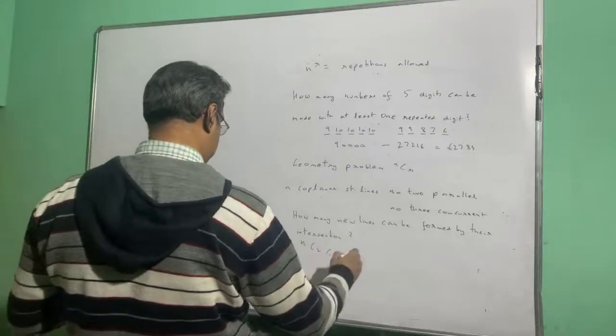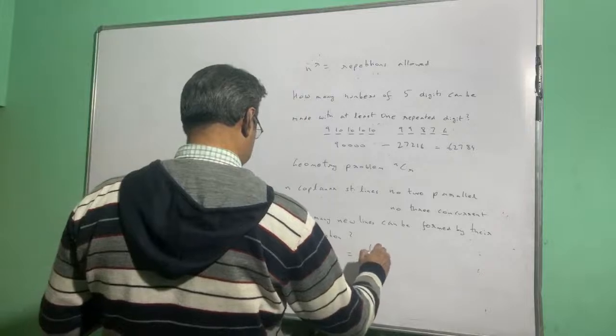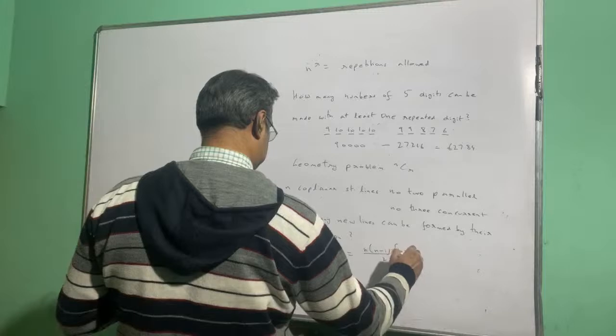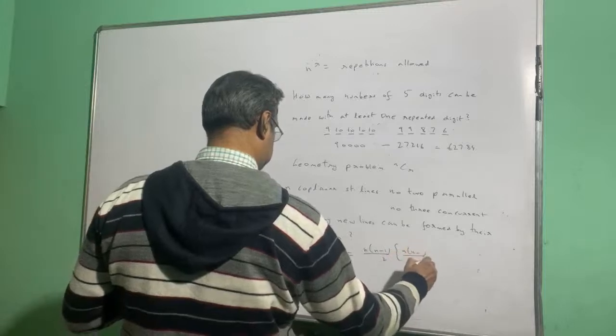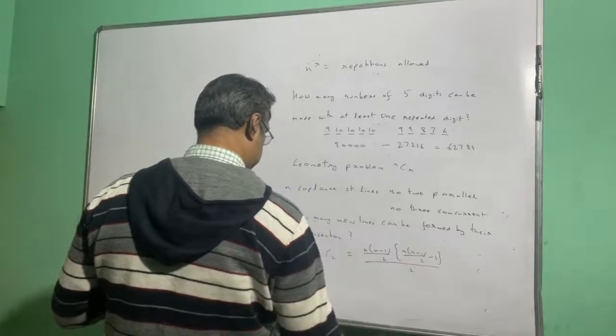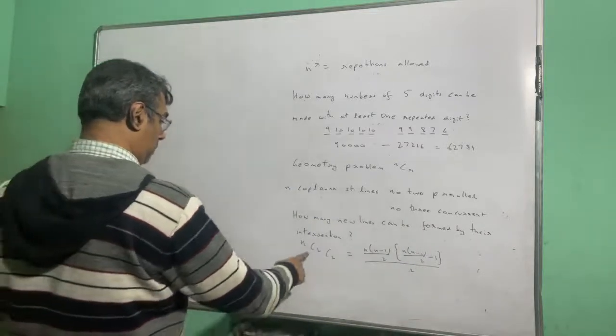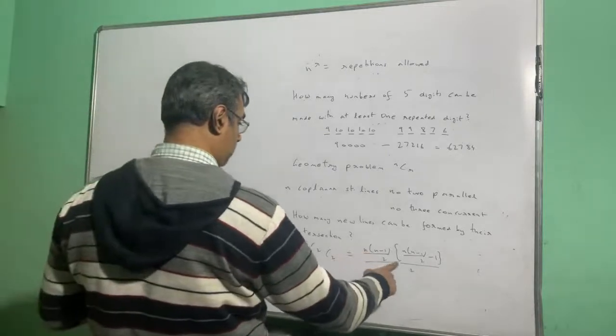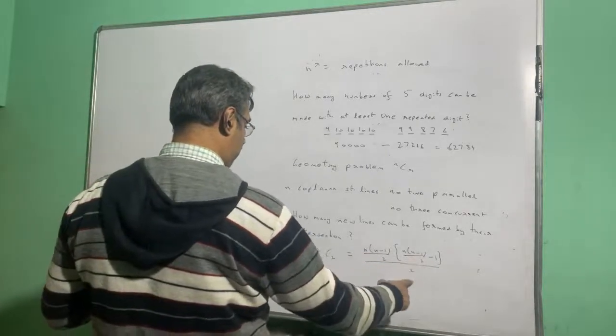So NC2 C2 will be the answer. That means n into n minus 1 by 2 into n into n minus 1 by 2 minus 1 by 2.